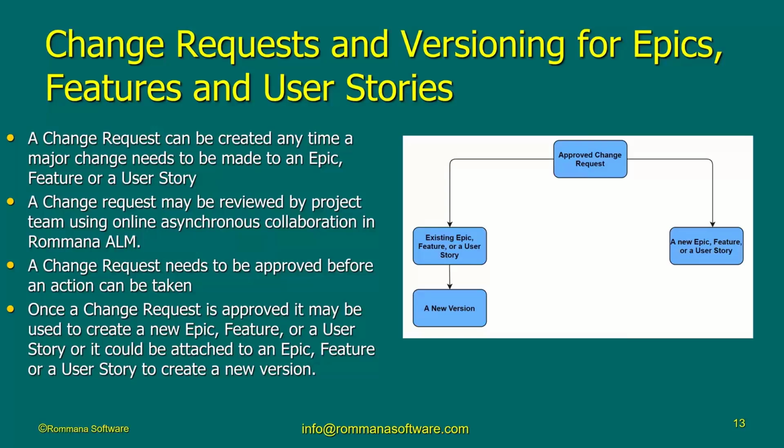Once it goes through the approval protocols and gets approved, you can use a change request in one of 2 ways. Either someone can look at the change request and say, okay, that change request really has nothing to do with any existing user story, but rather it calls for a new, different user story.